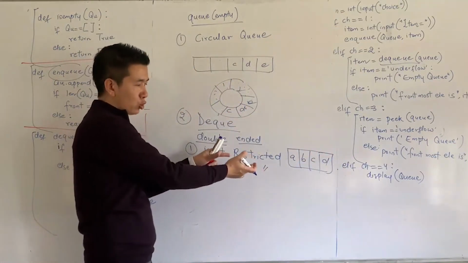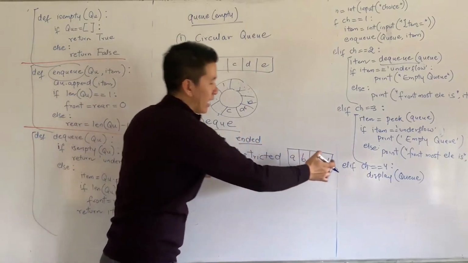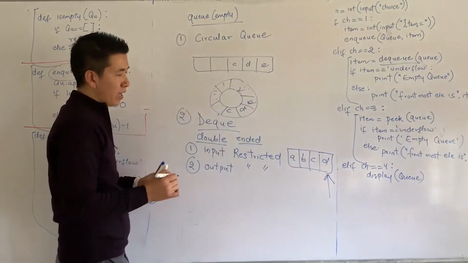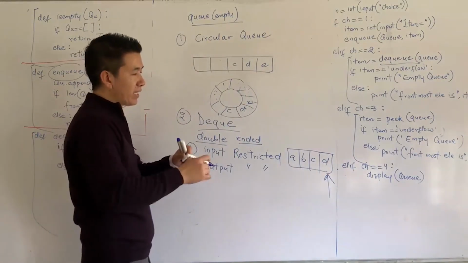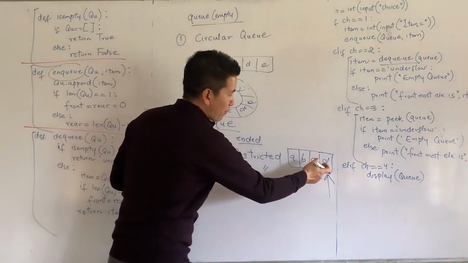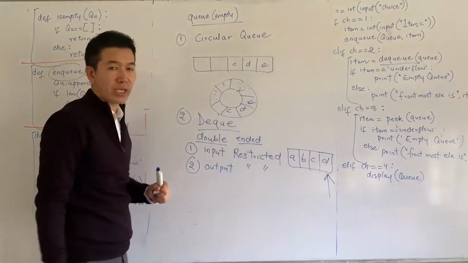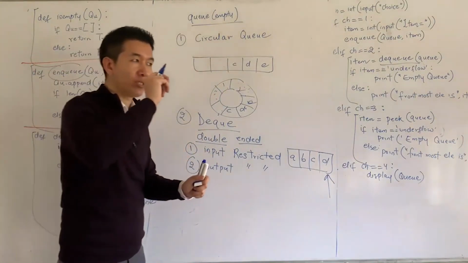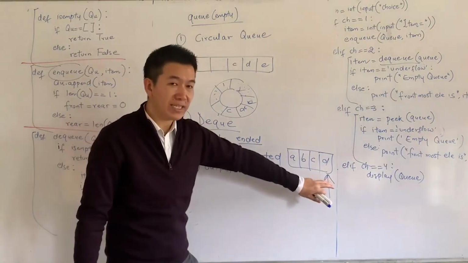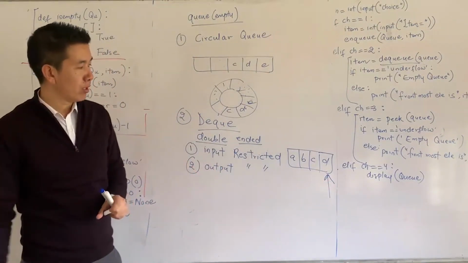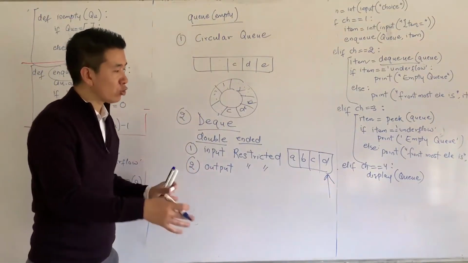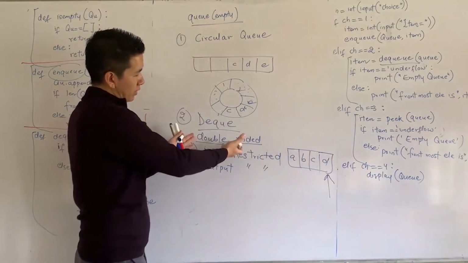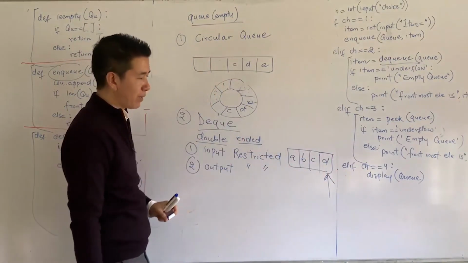Logically it means I can add an element only at the end. However, I can delete the elements from both ends of the queue. So input restricted means the input will take place only at the end, as is the case with the queue. But when it comes to deletions, they could take place at both ends. So that's the reason why we call it double-ended.